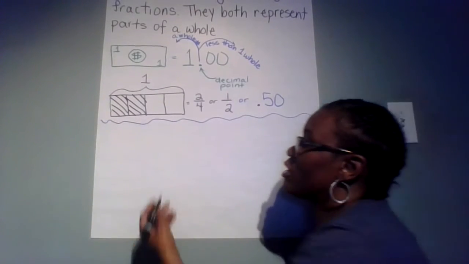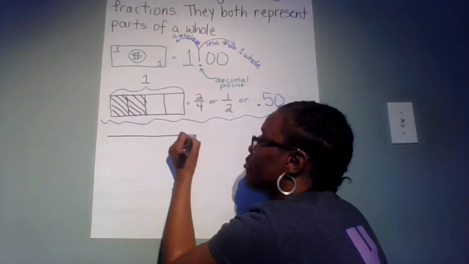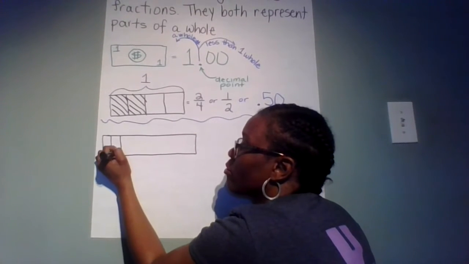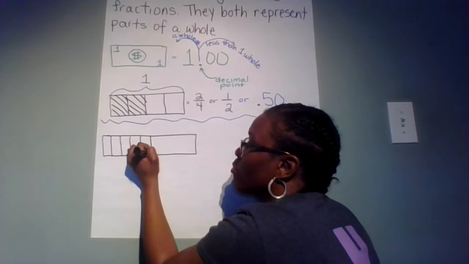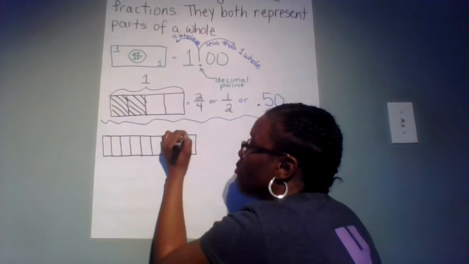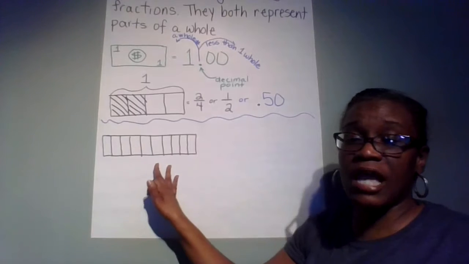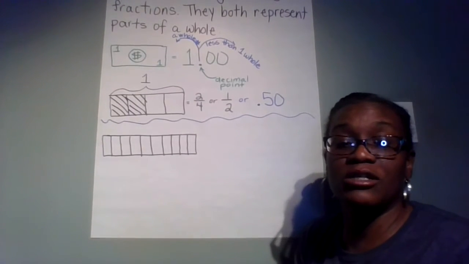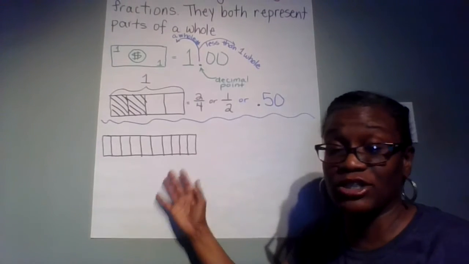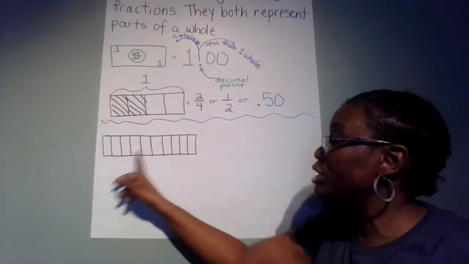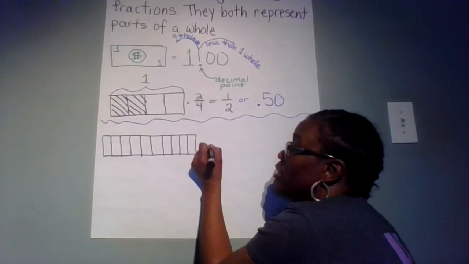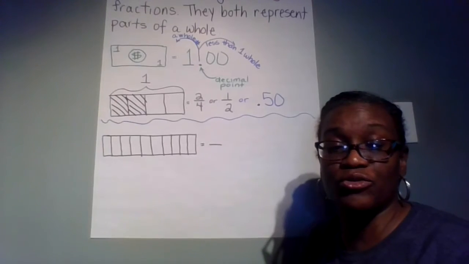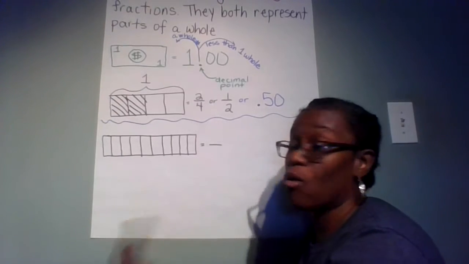So now I have another tape diagram. So I just did a tape diagram, and like I tell my scholars, the first thing that we need to do when we're writing it as a fraction is to find out how many parts, because that's what the denominator tells you, how many parts that you have to your fraction or to your whole.